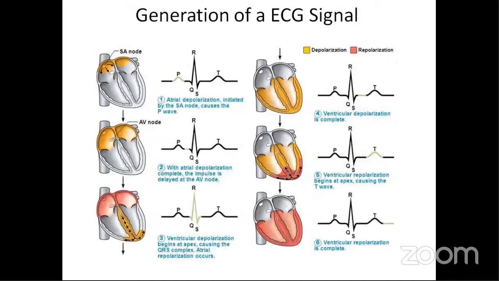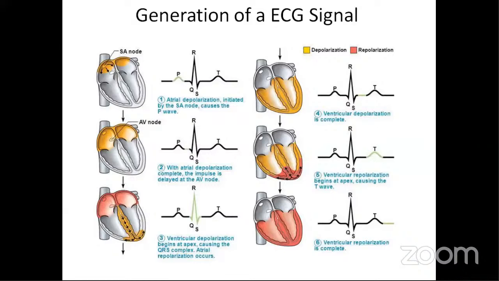Before going into what the ECG signal is, you should know how it is generated. The heart has four chambers, and there are natural pacemakers like the sinoatrial node and the AV node.